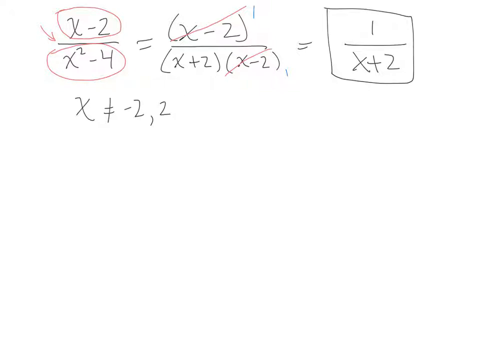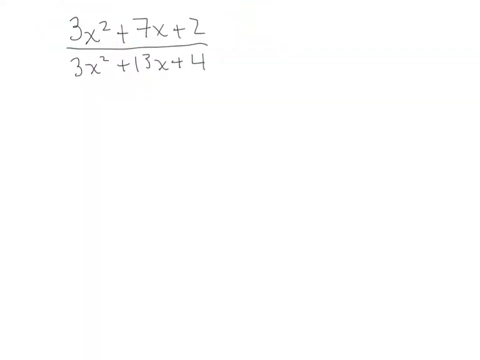Let's take a look at some more problems. Here we have another rational expression that looks even more complicated, but again, we step right in and try to factor it, because any fraction in factored form means that we can simplify that fraction by canceling like factors.